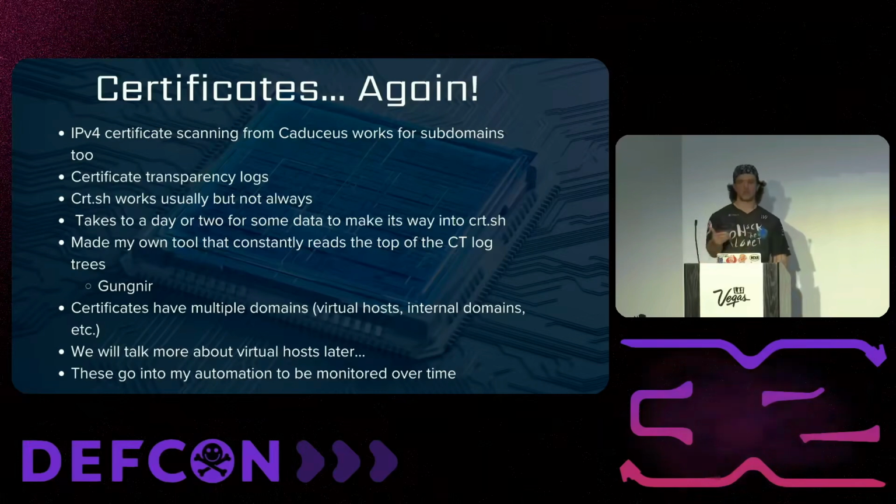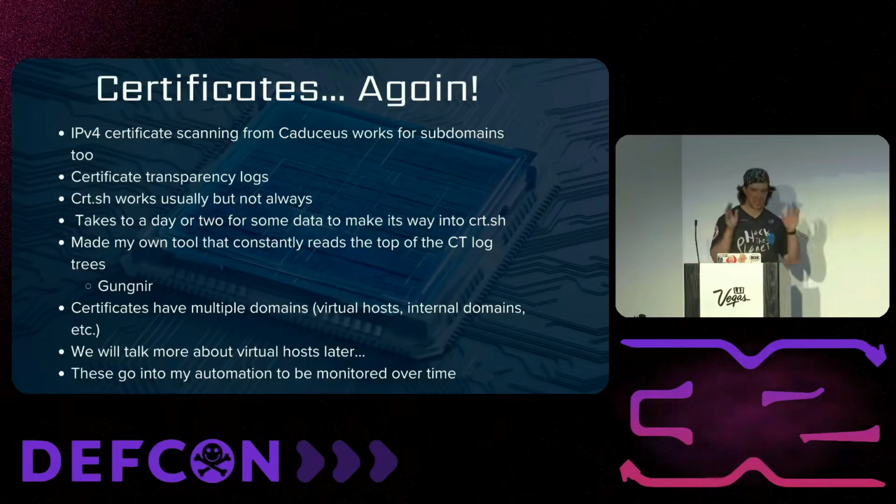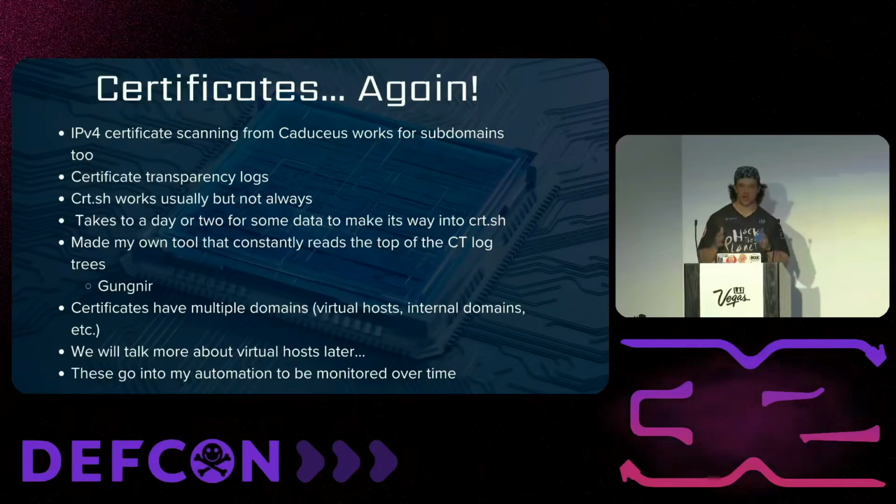So if anyone puts a new service online and they want a real certificate behind it that's backed by a certificate authority, you'll know about it basically the second the certificate's created, no matter where they put it. Now, again, cert.sh will do that for you, and you can look historically with cert.sh, so it's still a fantastic tool. Gunnar is just if you want it immediately.